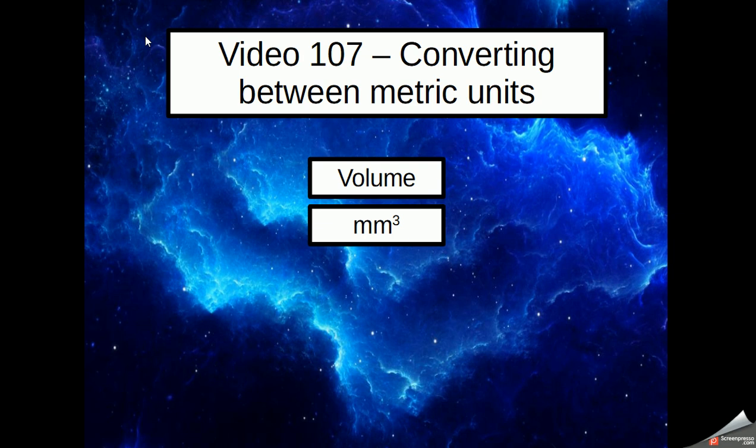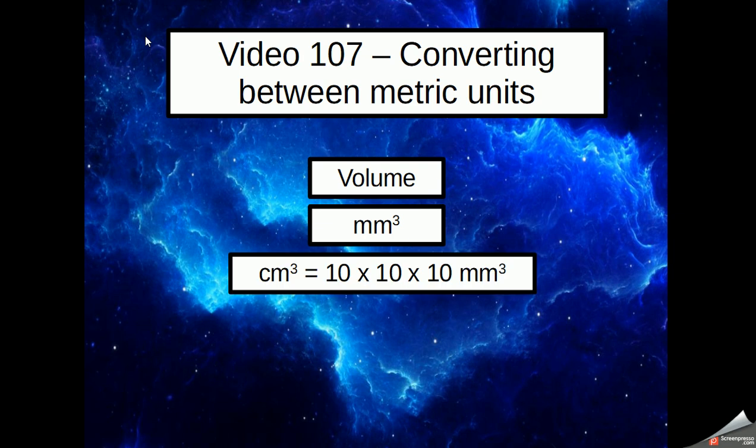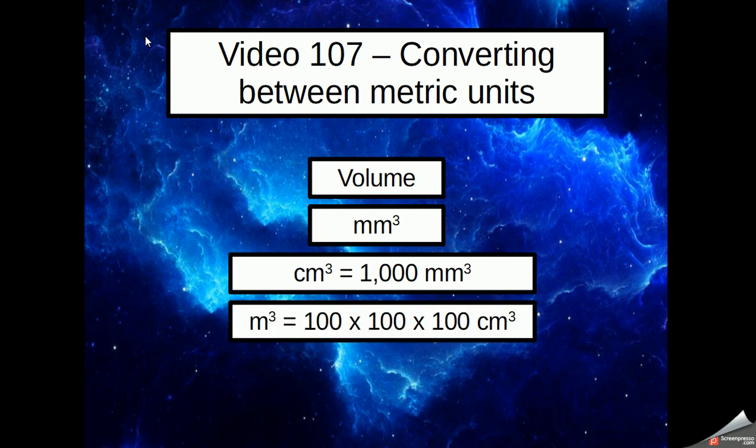So if you've got 1 millimeter, it's 1 millimeter times 1 millimeter times 1 millimeter in the dimensions of a cube. But when we're talking about the centimeter cubed, the sides of that cube are 10 millimeters long. So we have it as 10 times 10 times 10, width times length times depth of that cube, giving us 1,000 millimeters cubed per centimeter cubed.